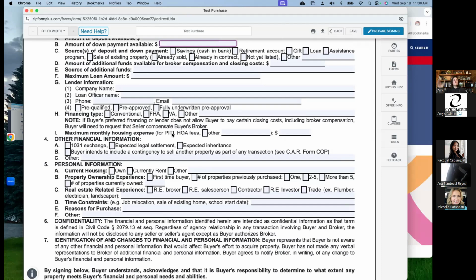So what is their full payment going to be, including the principal and interest? So they're fully amortized monthly payment, including their homeowner's insurance estimate and their tax estimate, divided by 12 on a monthly basis. PITI, principal, interest, taxes, and insurance. What's the most amount that they want to pay for their housing costs on a monthly basis?